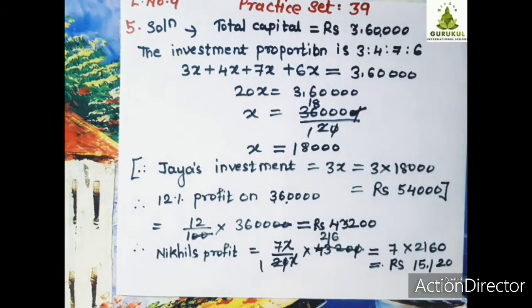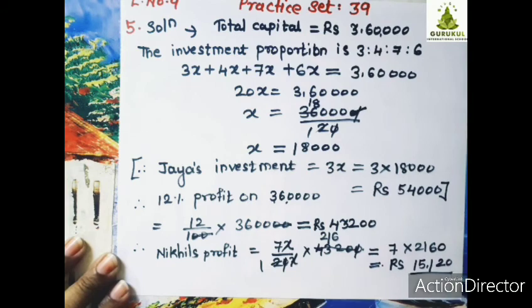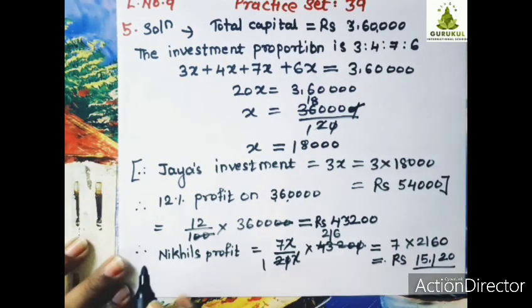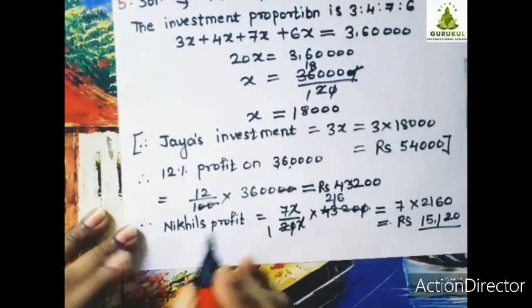I am doing this multiplication orally. If it is possible for you, it's okay. Otherwise, you can do it on rough paper. So here we got Nikhil's profit, that is 15,120.